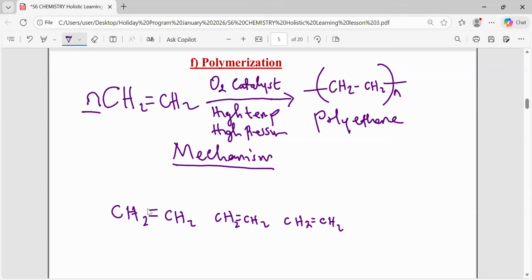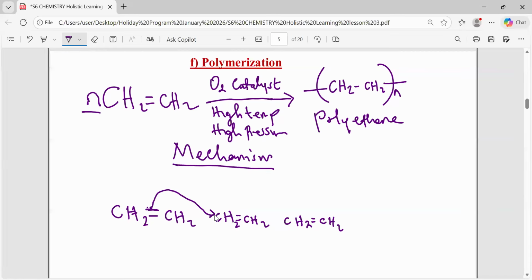So what happens, this double bond, because there are free electrons here for the pi bond, this bond is breaking, it comes to attack this carbon atom of the next alkene molecule, this ethene.